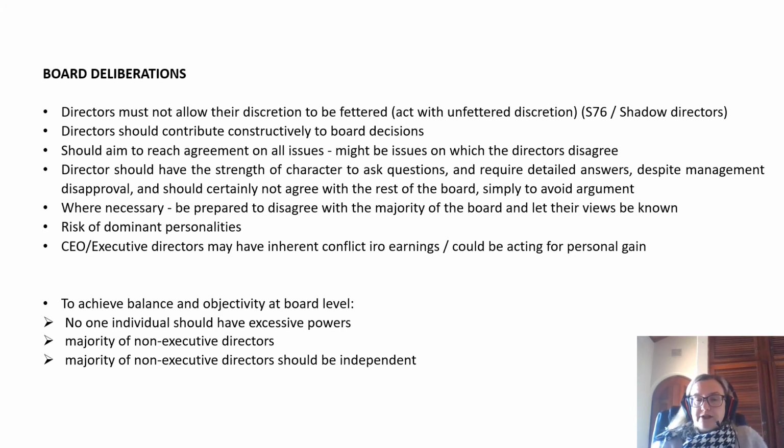And if the majority of those non-executive directors are independent, it gives even more weight, to counterbalance, shall we say, to that excessive type of authority that the executive directors may have, given that they're involved in the day-to-day operations of the business. So the more non-executives you have, the more you have the ability to interrogate the decisions and the information that is placed before you by the executive directors.